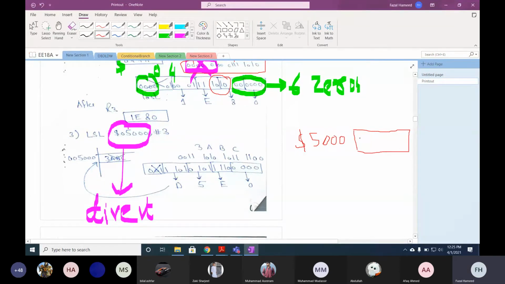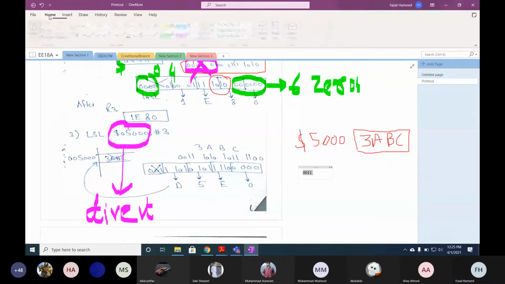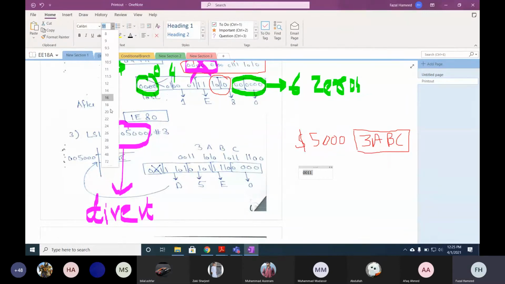Let's assume the value is 3ABC. If you write 3ABC in binary, it will be 0011. Am I right or not? Right, sir. 3 is 0011, A is 1010, B is 1011, and C is 1100.